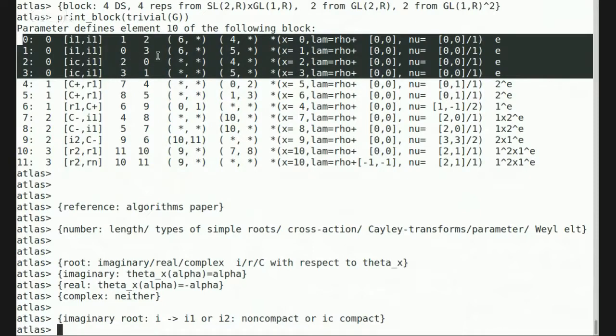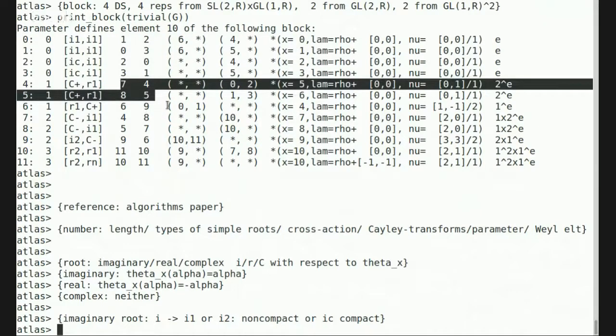The action of the Weyl group is transitive on them, and you get all of the representations on that Cartan, all of the discrete series, by the cross action. Okay, and similarly, these representations 4, 5, 7, and 8 all live on this other Cartan, and they're related by the cross action, as you see by looking at these two guys, and so on and so forth.